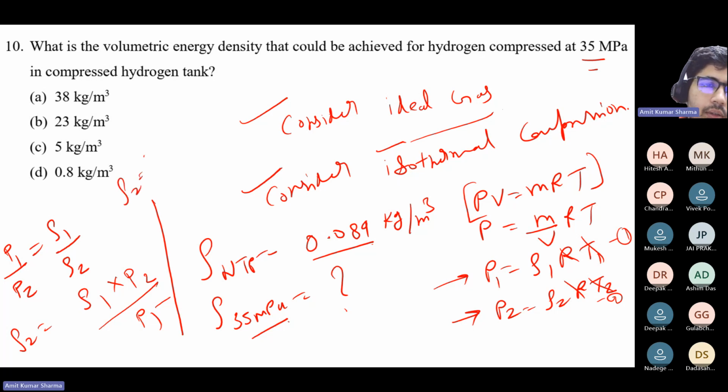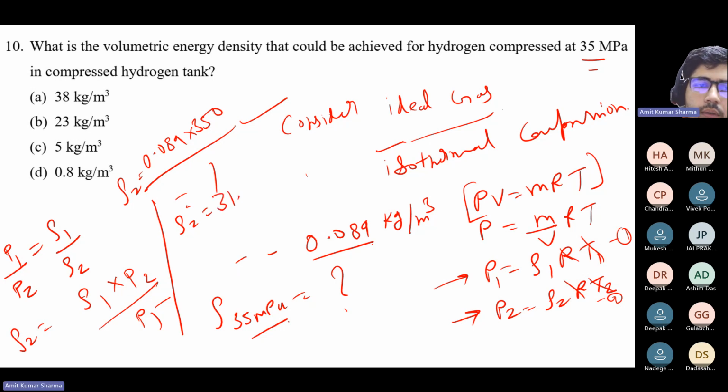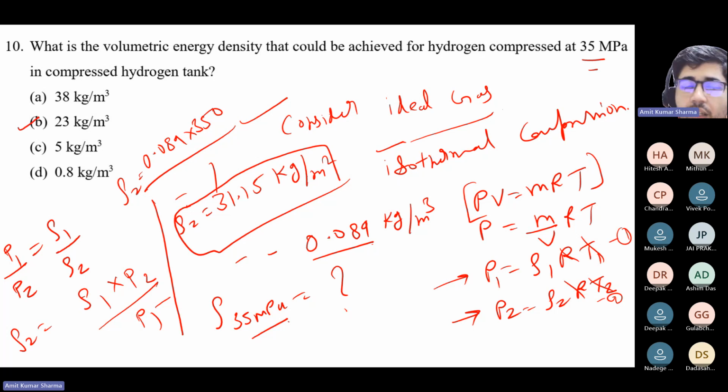So rho 2 will be 0.089 multiplied by 350. So it will give you how much? 31.15. Yes, 31.15 kg per meter cube. But what is the answer? The answer is 23 kg per meter cube. Why?